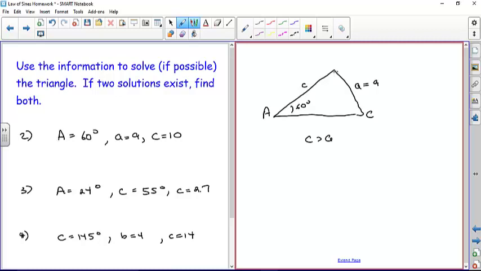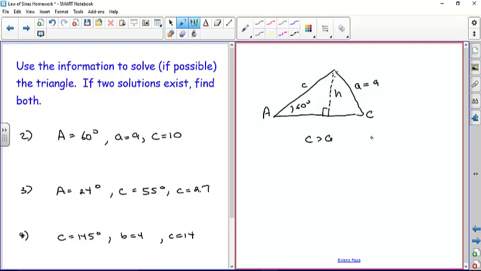Possibly. I guess one way is you've got to figure out what the height of this part is. So you can do that. This is the height. And you can find the height by using this right triangle.